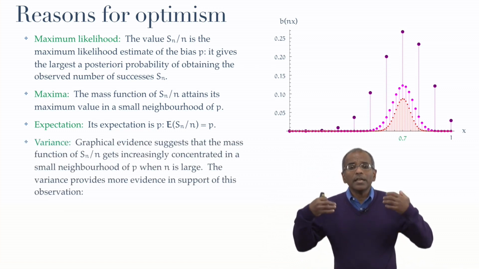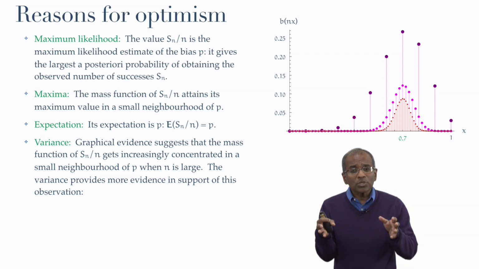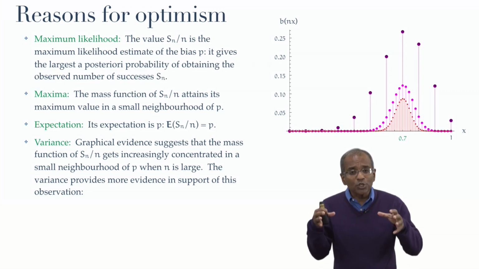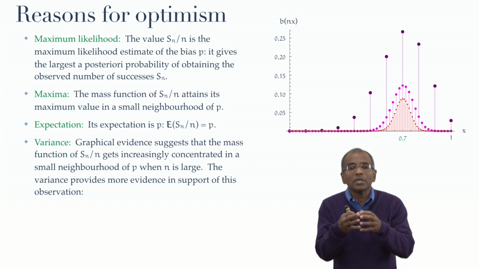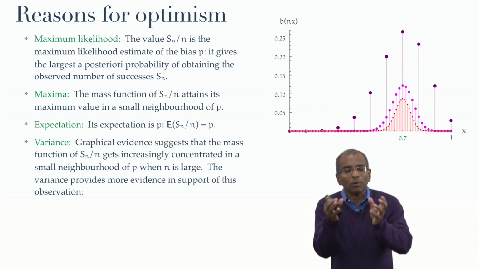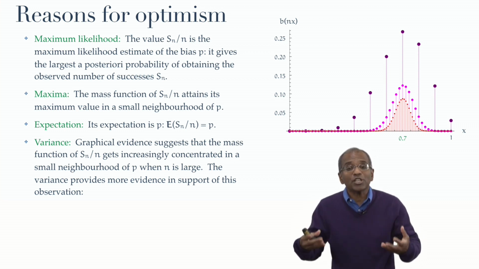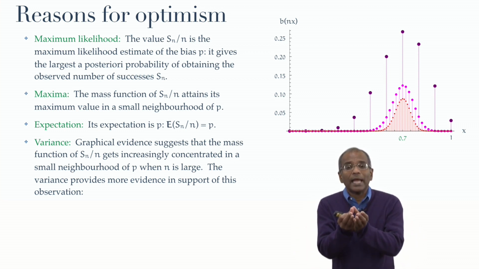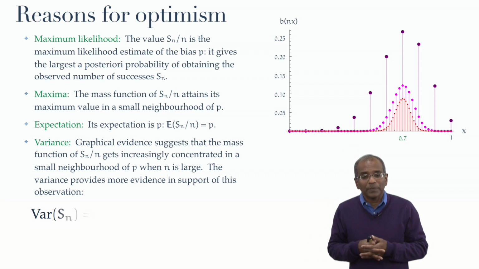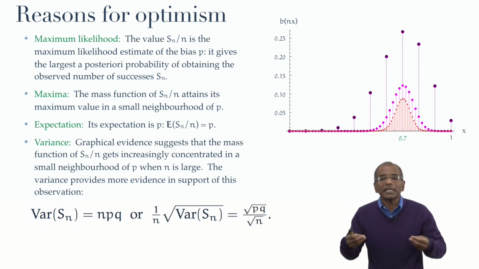observing the nature of the graphs as n increased shows us that the binomial distribution gets increasingly concentrated around its center. We can put this in a more formal context by looking at the calculation of the variance or the expected squared deviation of Sn from its expected value. The variance of Sn increases linearly with n.